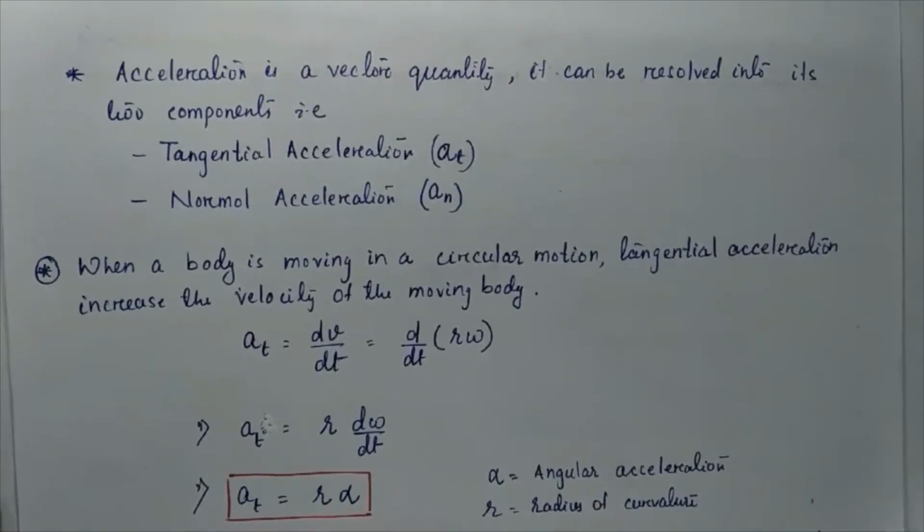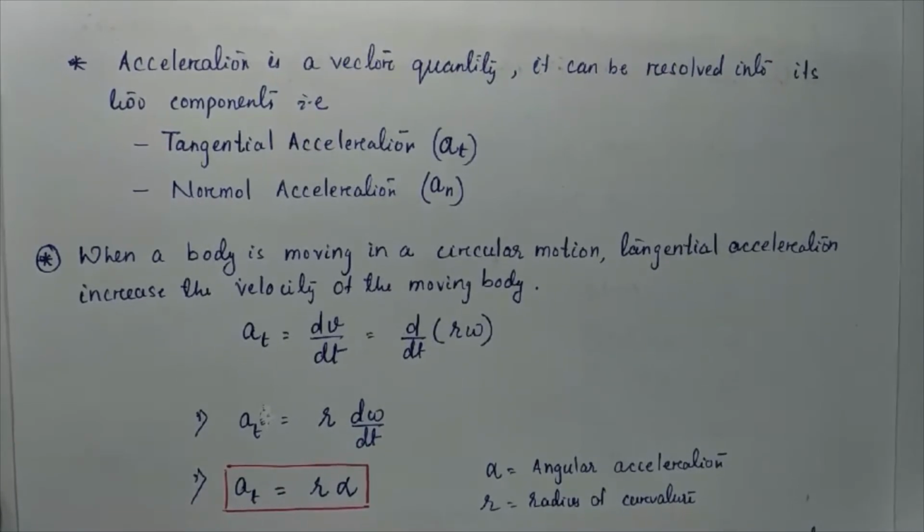So next we discuss the acceleration. For curvilinear motion, the linear acceleration has two components. One is the tangential acceleration and the second one is normal acceleration.